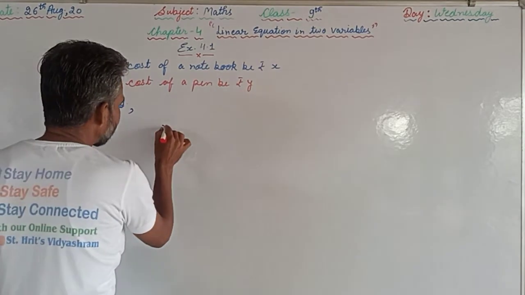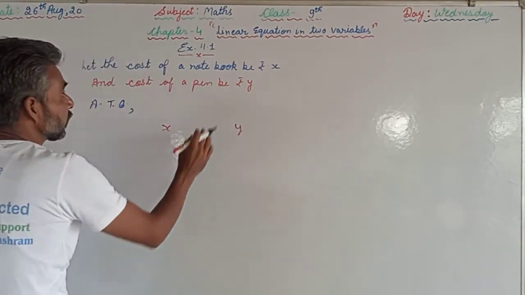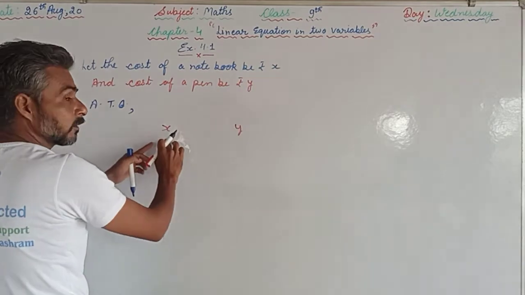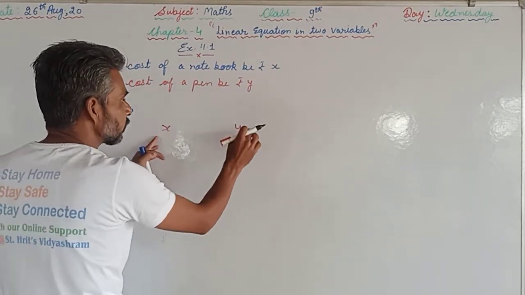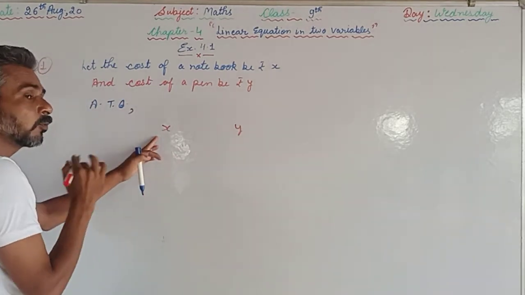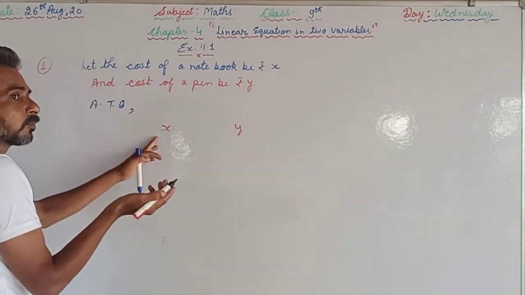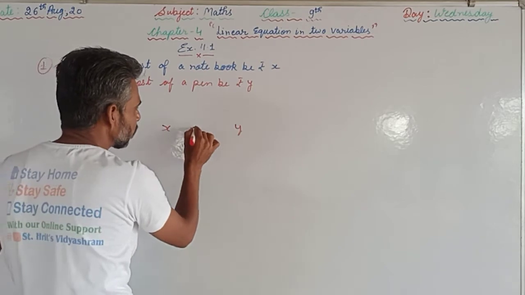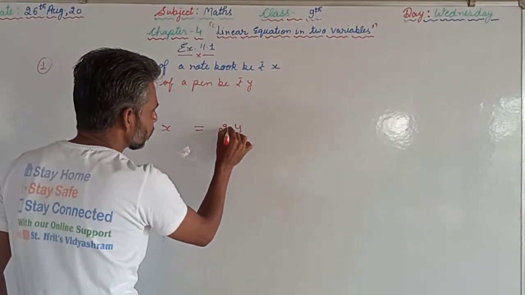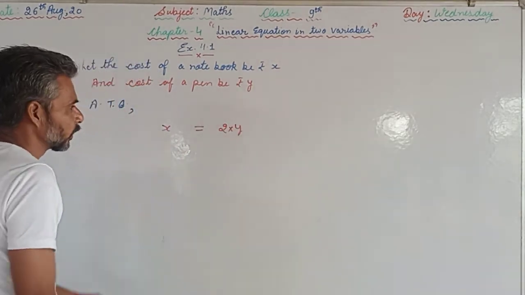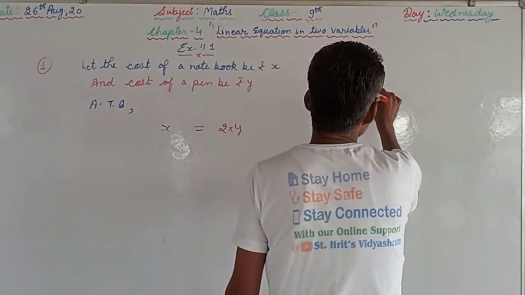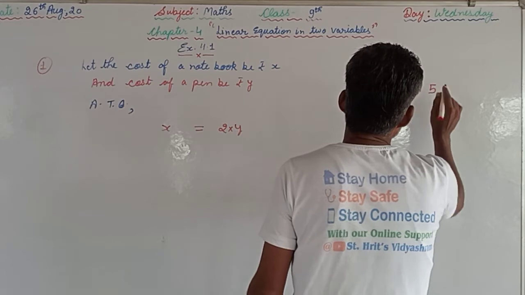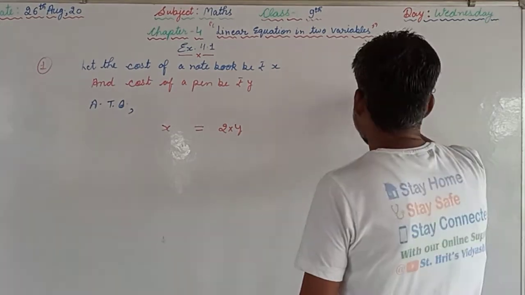If we compare x and y, the cost of notebook, that is rupees x, and the cost of pen, that is rupees y. The cost of notebook is twice the cost of a pen, which means if we want to equate that, we are supposed to multiply by 2. Suppose the cost of notebook is 10 and the cost of pen is 5, that is twice, 5 to the 10.